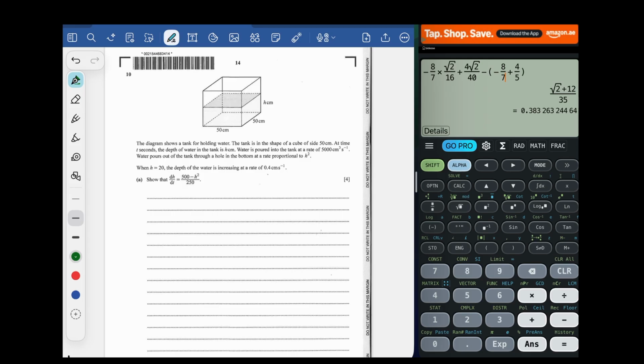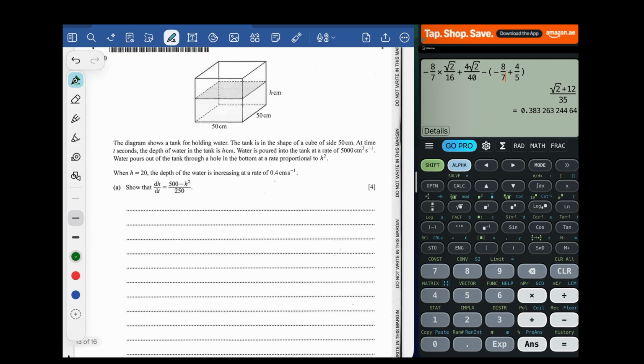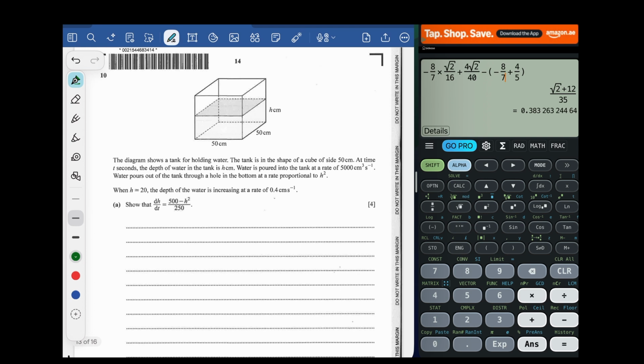They told us that the diagram shows a tank holding water, and that water is poured in and leaks out from the hole at a rate proportional. Now be very careful with this word proportional.